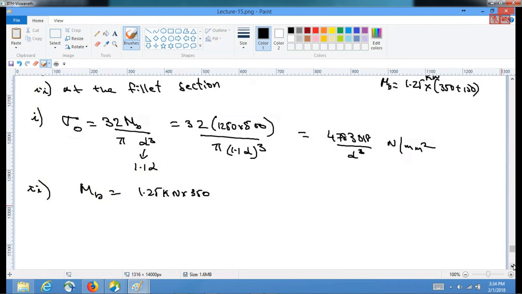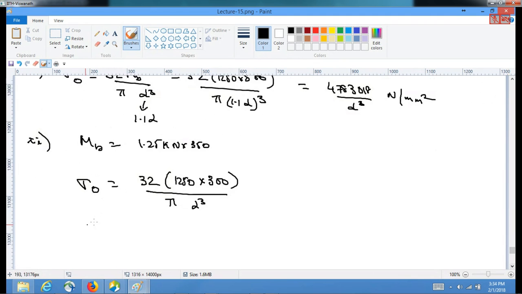Using the same equation, sigma naught equals 32 into 1250 into 300 divided by pi d cube. But we know that our sigma max at this place is not this, but kT into sigma naught.